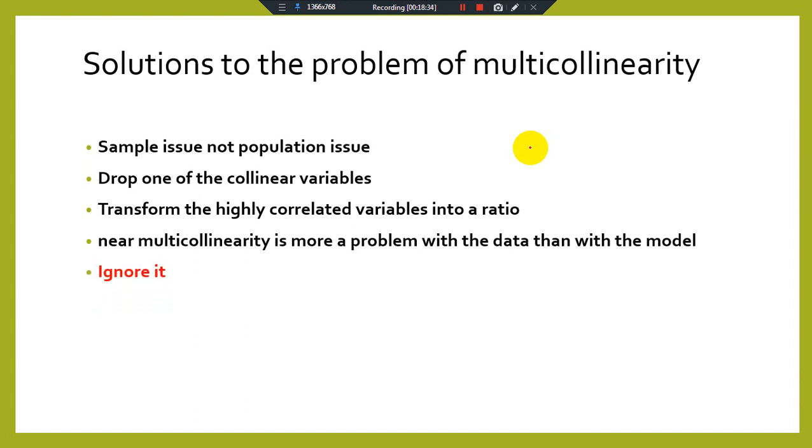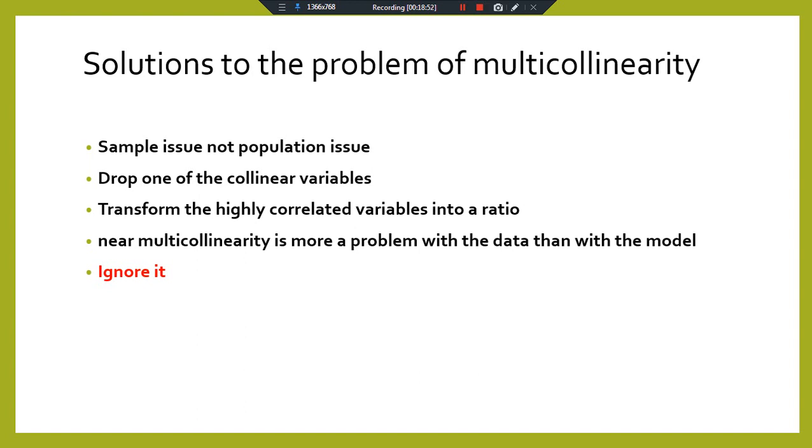Okay, more important, or the last solution, is to ignore it. Keep in mind that many macroeconomic variables are highly correlated, or nearly correlated, or somehow correlated with one another.